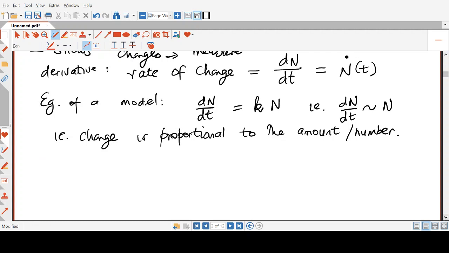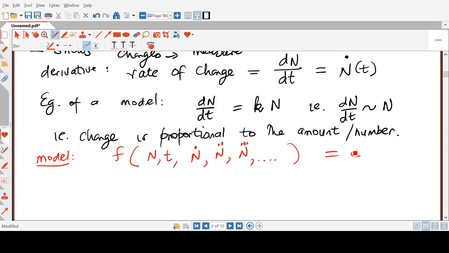So the model will be something of the type: a function of n, t, derivatives of n, n dot, n double dot, n triple dot, and so on, equal to 0. That's a differential equation. The example I can think of here is radioactive decay.